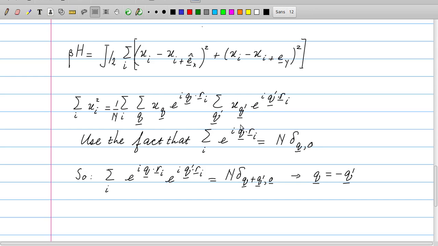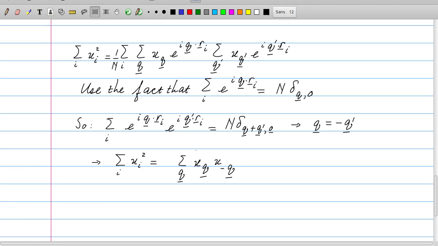It says that if q is not 0, then this phase factor will average out when you sum over the ri. So it singles out only the q being 0. And if we then consider this expression, which contains an e to the power iq ri and an iq primed dot ri, and we sum over the ri's, then we see that the q plus q primed must be 0. In other words, q must be minus q primed.